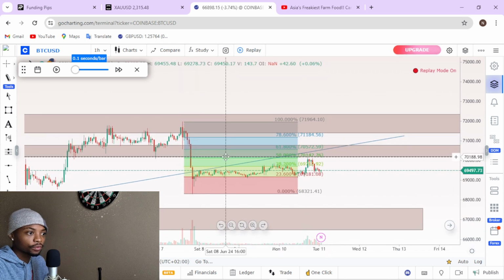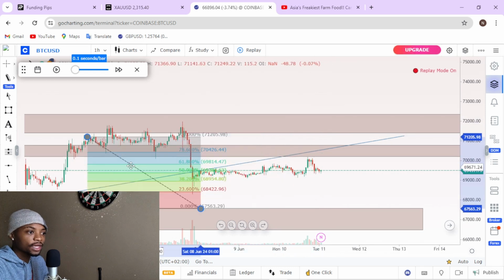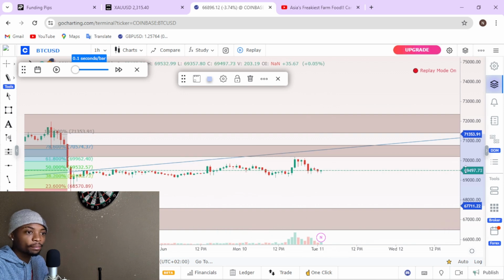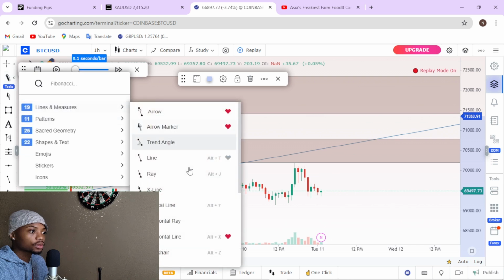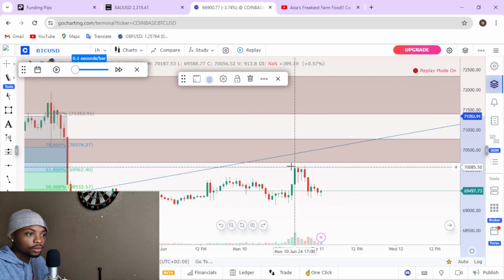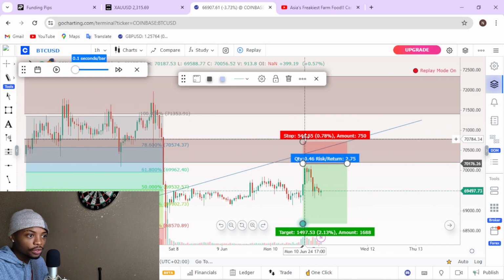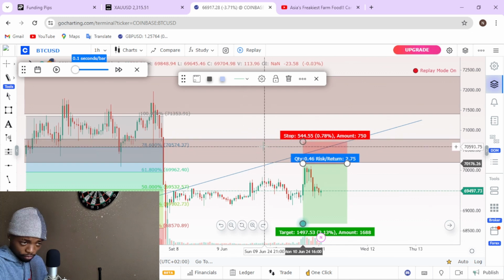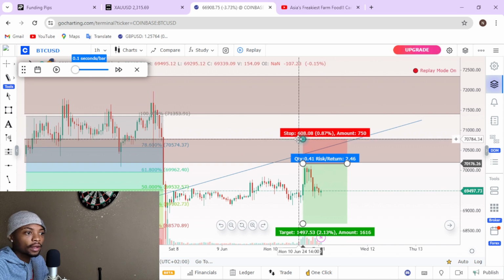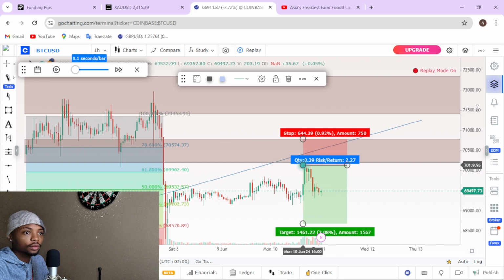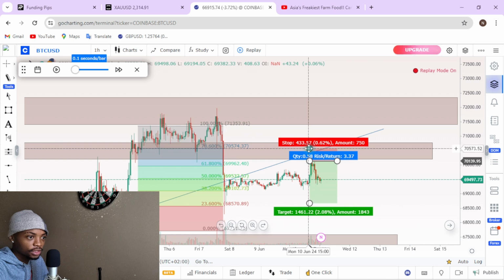This is good enough. So when price basically touched our area of interest right here, all we just had to do was just put our setup, our short position right here, and of course our stop loss always goes above our area of interest, which is here, right?